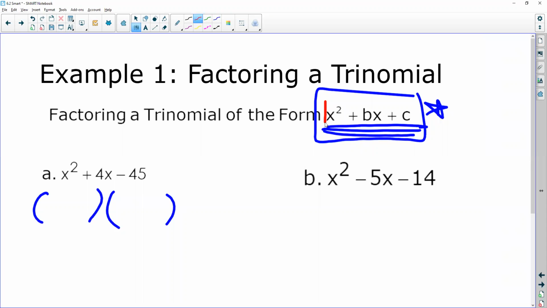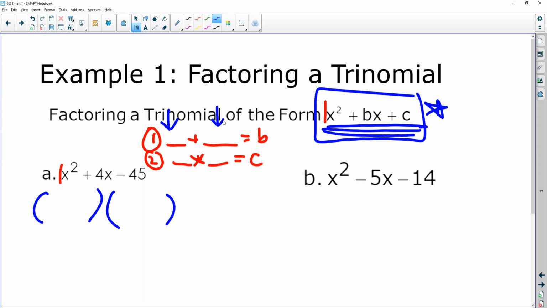When this is a 1, the first thing I'm going to look for is two numbers that add to b, and also two numbers that multiply to c. And I need these two numbers to be the same. So I want to add to get b, and I want to multiply to get c.